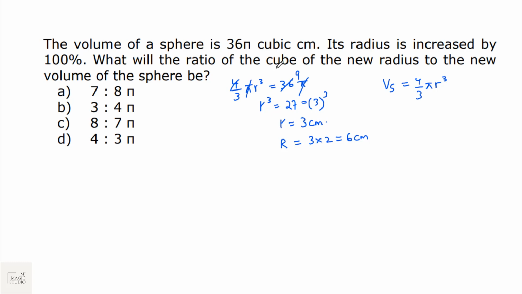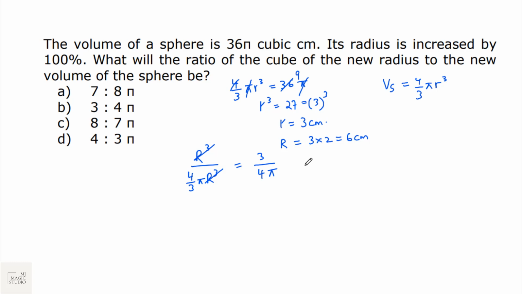What will be the ratio of the cube of the new radius, that is r cube, to the new volume of the sphere? New volume of the sphere will be 4 by 3 pi r cube again. The calculation is not required actually. So this becomes 3 by 4 pi.